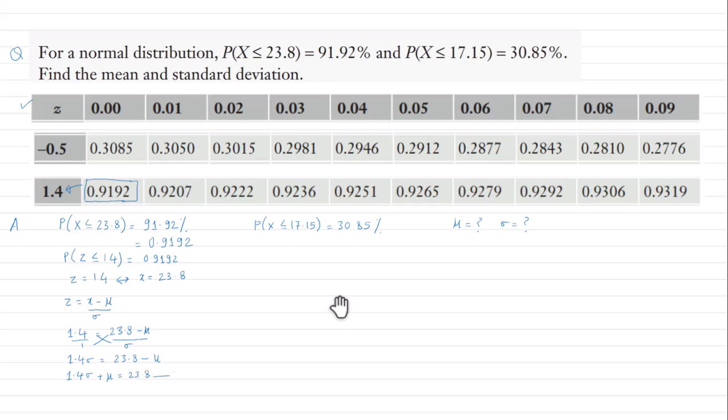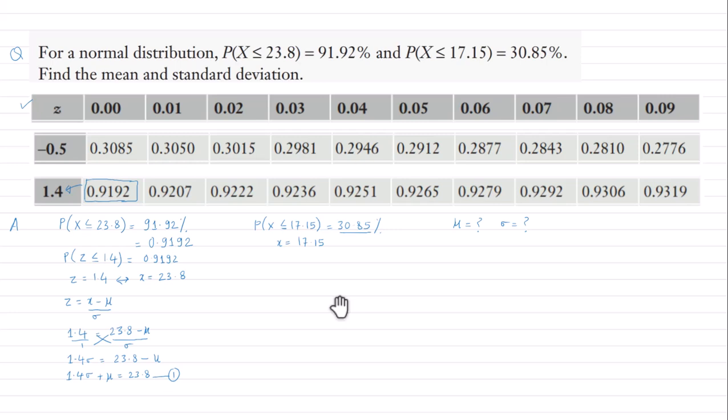Let me call this equation number 1. And let's do a similar approach for the second part of the data, P of x less than or equal to 17.15. So we are given the x value 17.15. And with the help of this percentage, 30.85%, we have to find the Z value from the Z table.